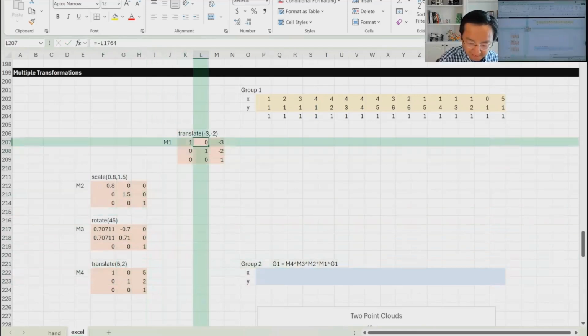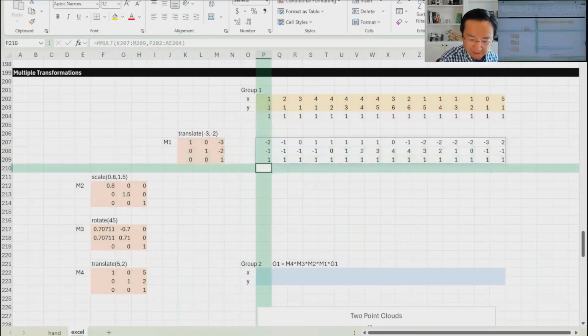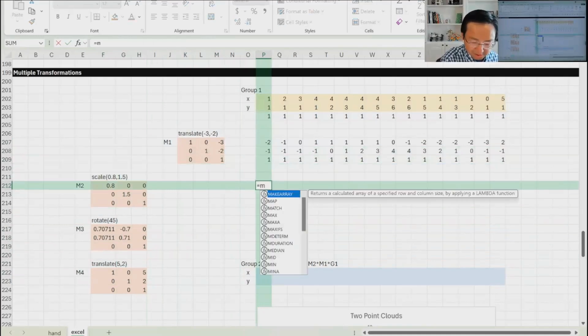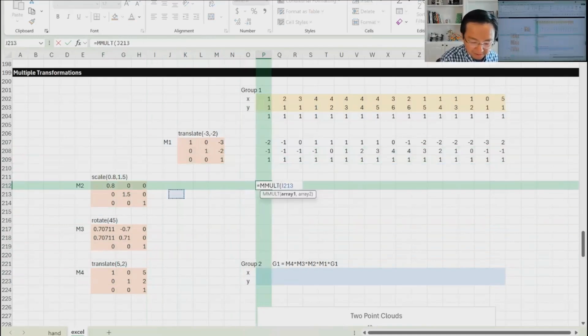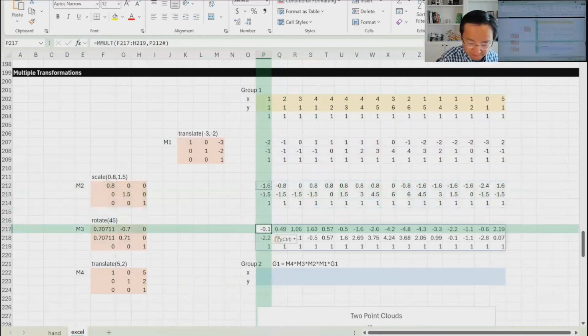So once I have that, I could have my matrix multiplication of this whole thing, and then this whole thing to get this one. And now we repeat this matrix multiplication, but I would take this one over here. All right, and now I have this one, I can probably copy because the relative position is matched.